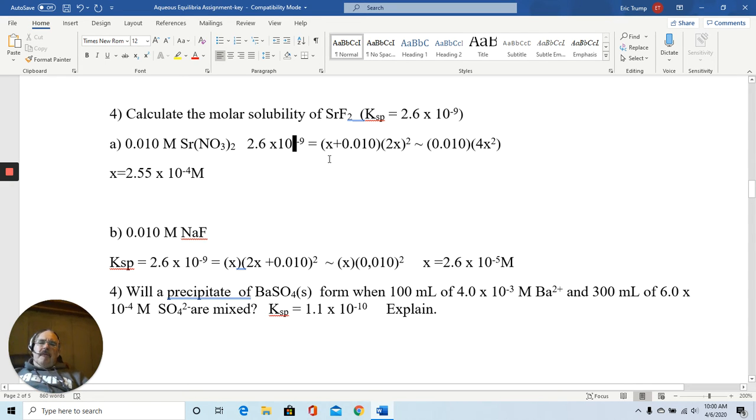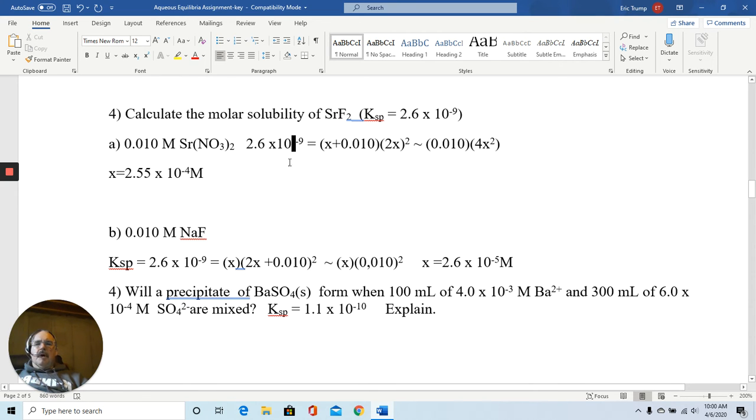We can assume that X is small, since 0.01 is much larger than 2.6 times 10 to the minus 9th. So we can neglect that, and this simplifies. So we divide both sides by 0.01, and we divide both sides by 4, take the square root, and X is 2.55 times 10 to the minus 4th.